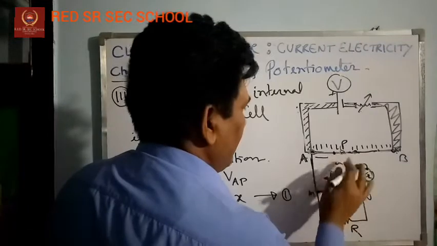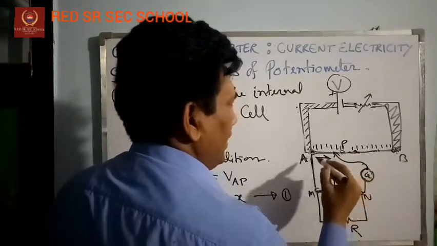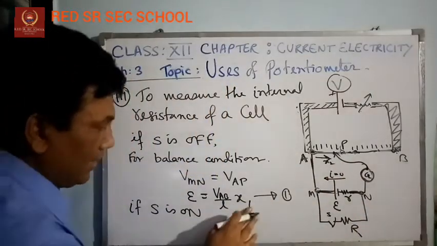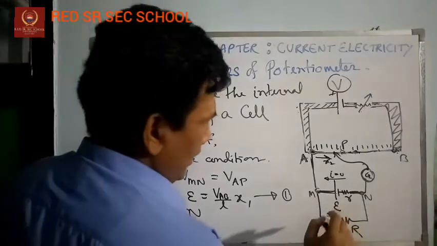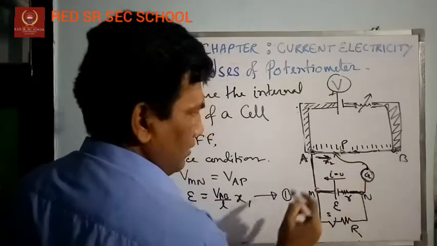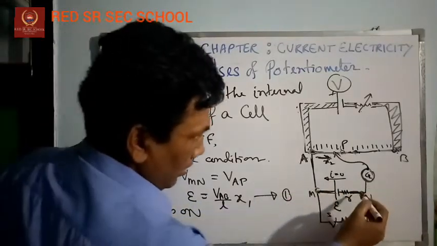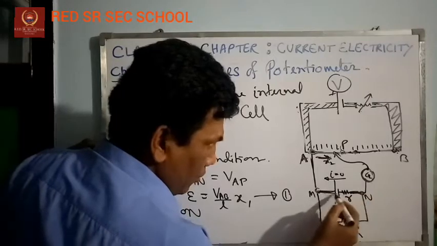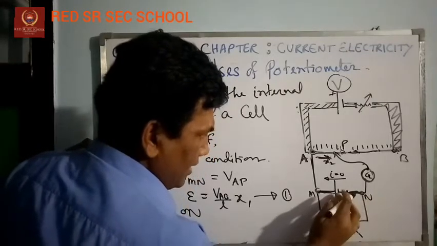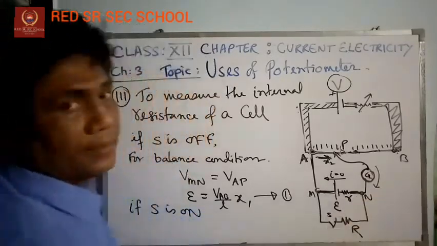Say I find the balancing length here at some x2. Initially it was at some x1. Now if I get the balancing length at the new position x2, no current will be flowing through the galvanometer. It is correct.